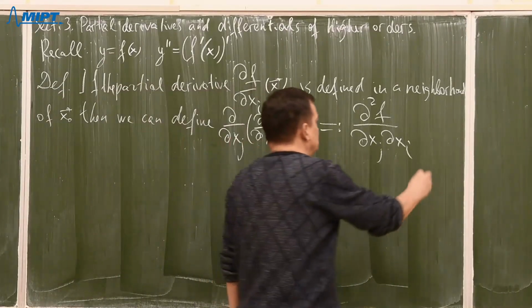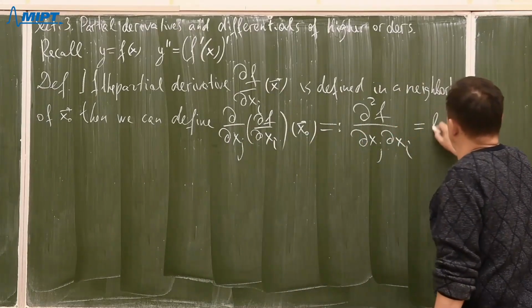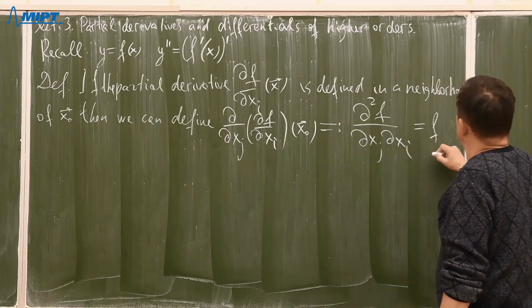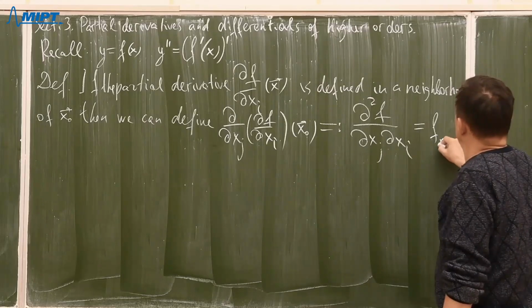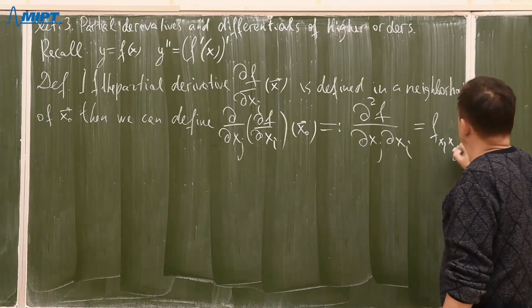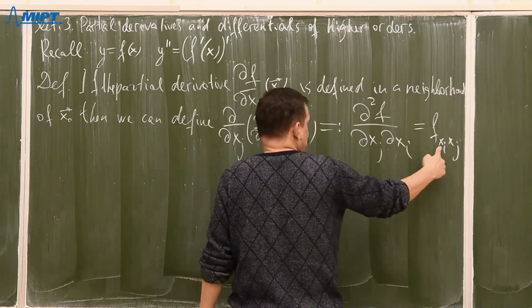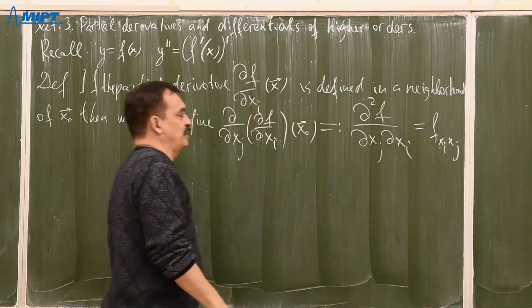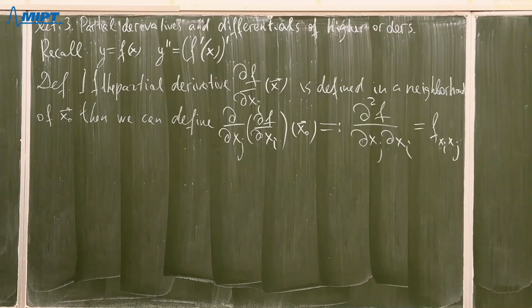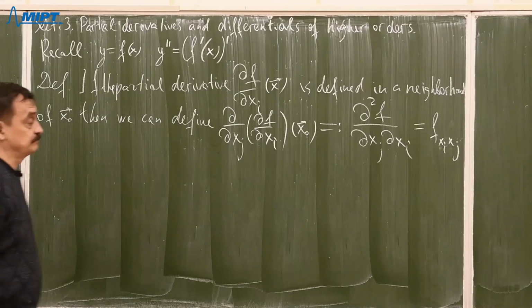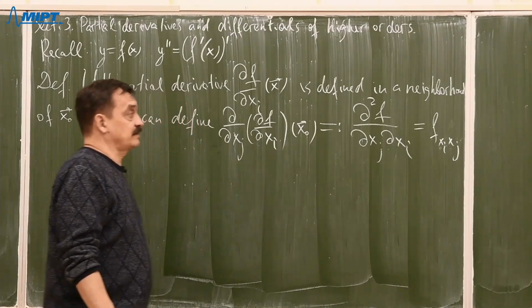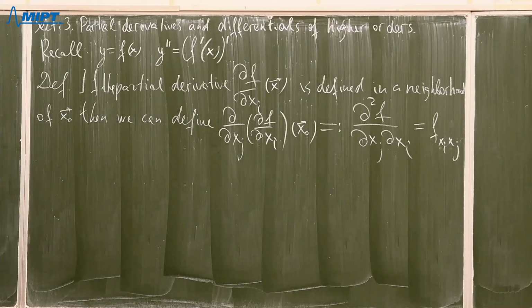Or also sometimes it is denoted as x_i x_j. Change the order here. So firstly you differentiate with respect to x_i, then with respect to x_j.